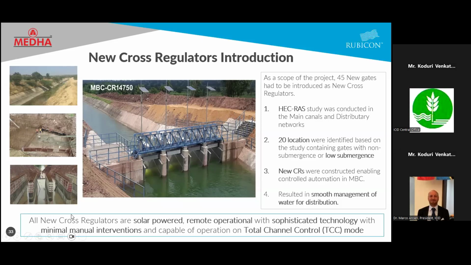So all these new cross regulators are again solar powered, remote operational, and they have sophisticated technology and are built to have minimal manual intervention, and to implement the total channel control of contiguous pools, so that submergence is created for the non-submergent gates and the water reaches the tail end of the distributary or the offtake.